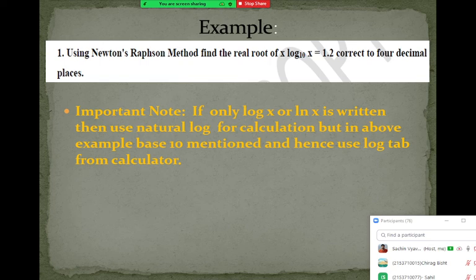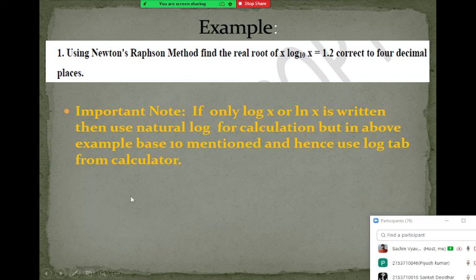The log and ln tabs are near to each other. So just press the ln tab to get natural log whenever you have log x and ln x only. But whenever log x at the base 10 is written, you have to press the log tab for calculation purposes. I hope it is clear.